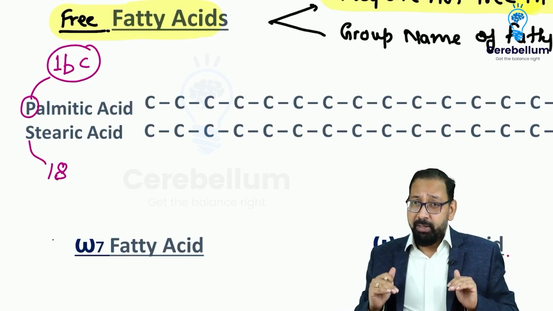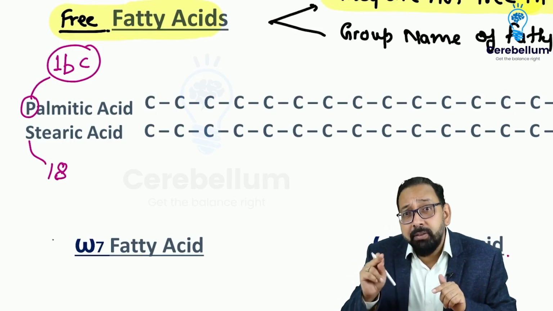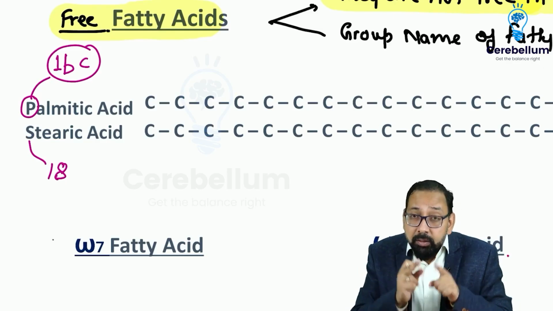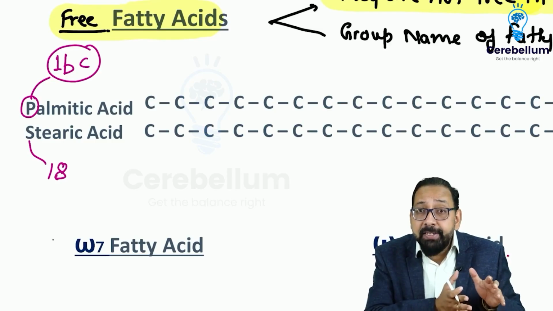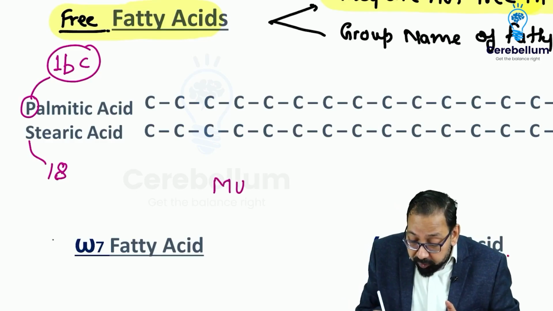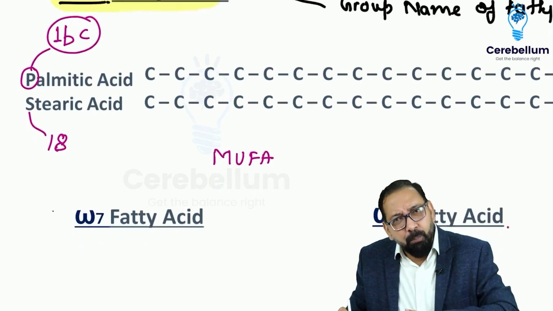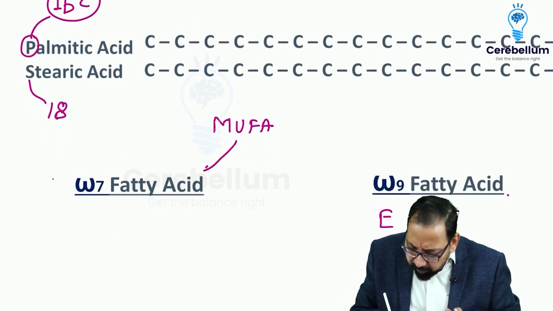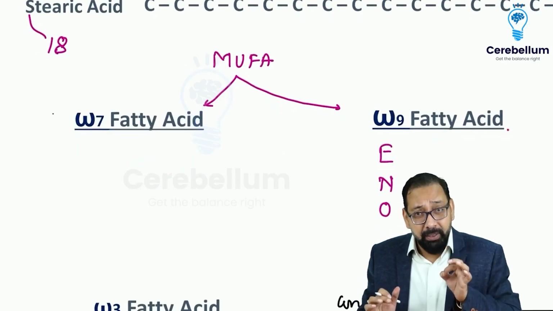Unsaturated fatty acid: if there is a double bond in the fatty acid, then it is called unsaturated fatty acid. Unsaturated fatty acid is further divided into monounsaturated fatty acid and polyunsaturated fatty acid. MUFA, monounsaturated fatty acid, has only one double bond. MUFA is classified further into two types, omega-7 and omega-9.